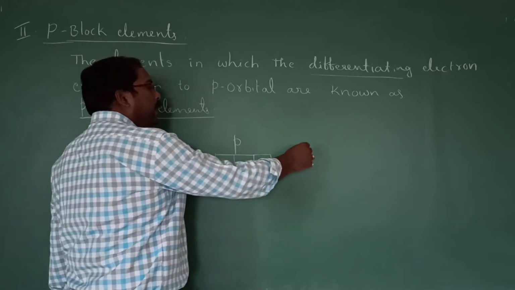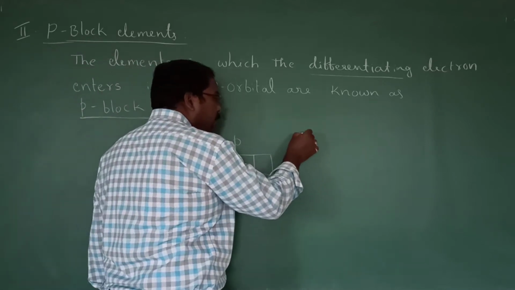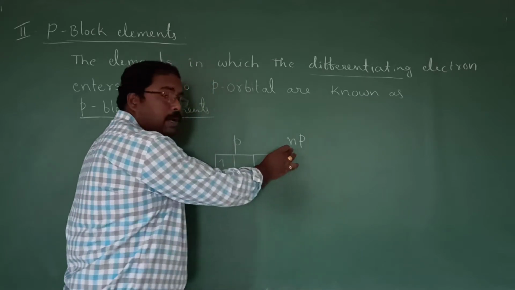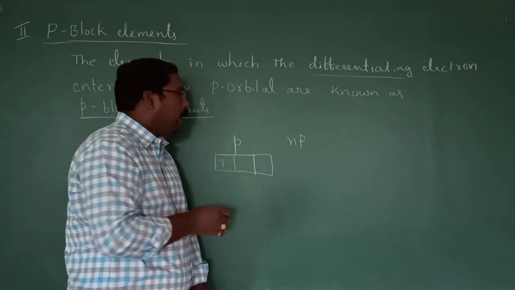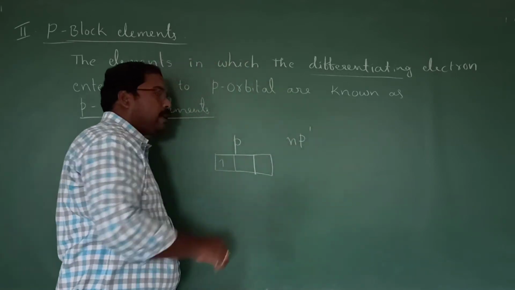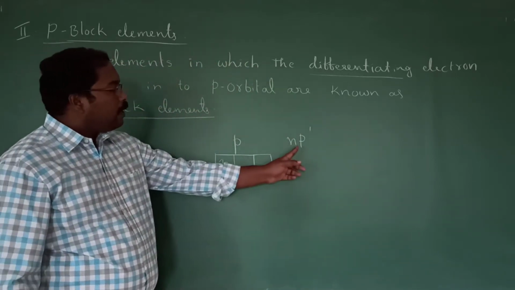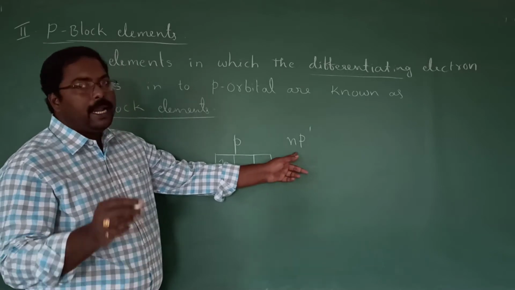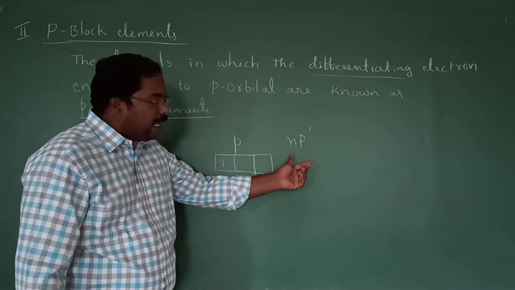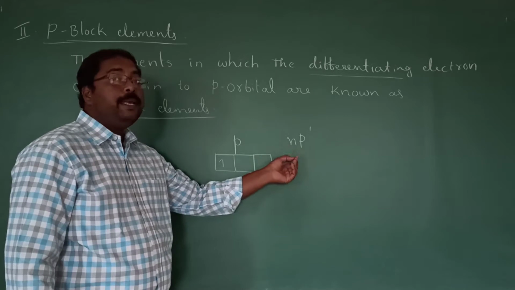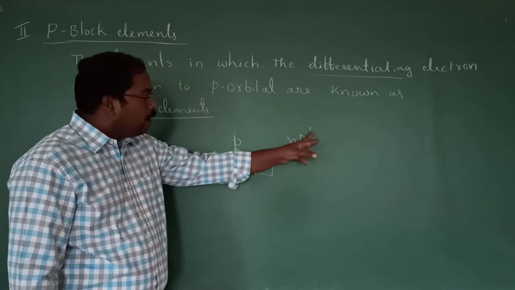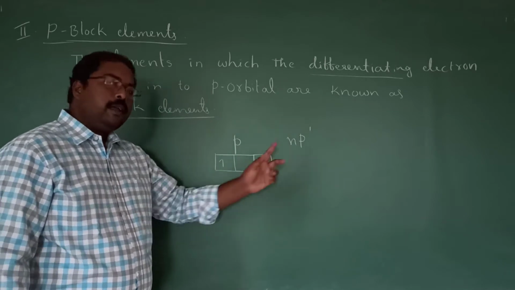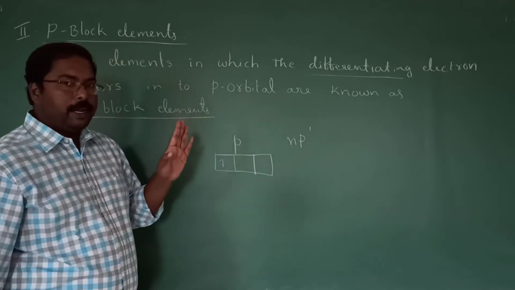So if any element has, where n means any principal quantum number, 2p, 3p, any p orbital, with only one electron, that is, the electronic configuration np1, it will be a P block element.